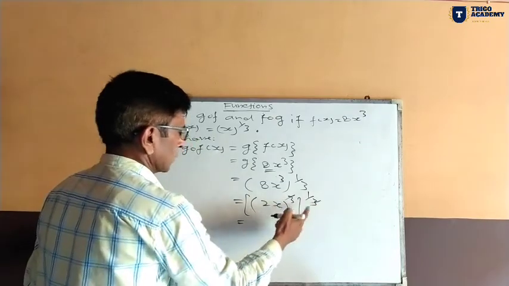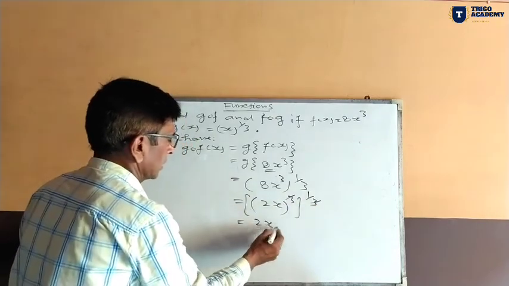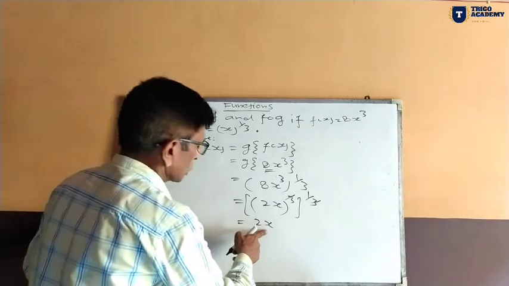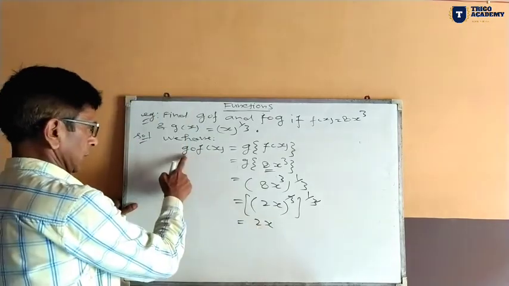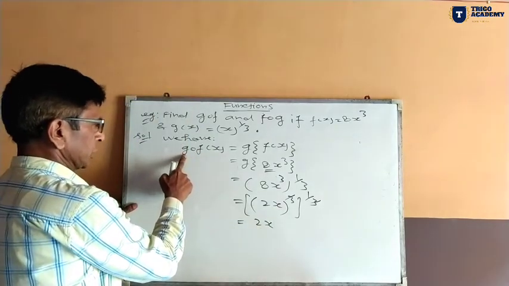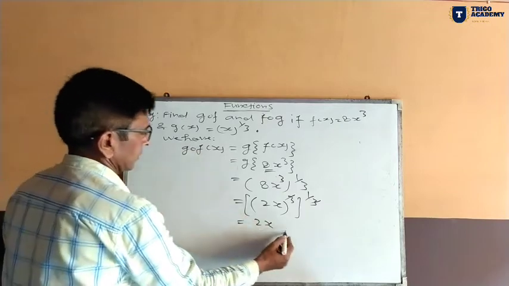This power and this power are cancelled and left is 2x. So this way, this is the value of gof.